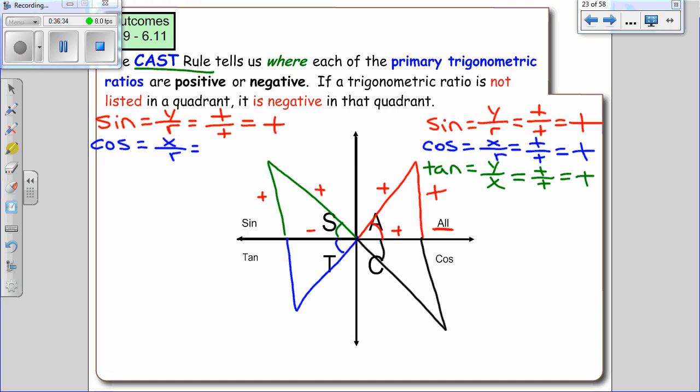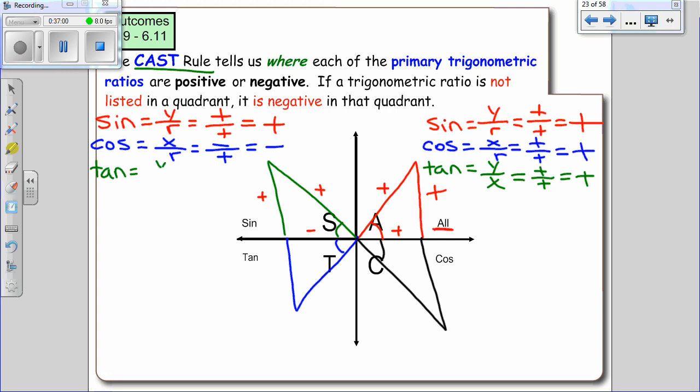So cosine ratio is actually negative in quadrant 2. The tan ratio is opposite y divided by adjacent x. That would be a positive divided by a negative. That means the tan ratio is negative in quadrant 2.